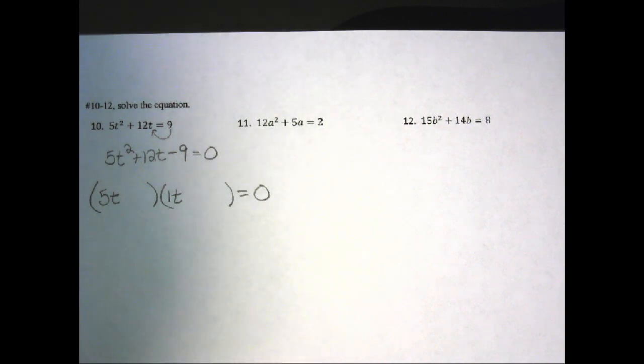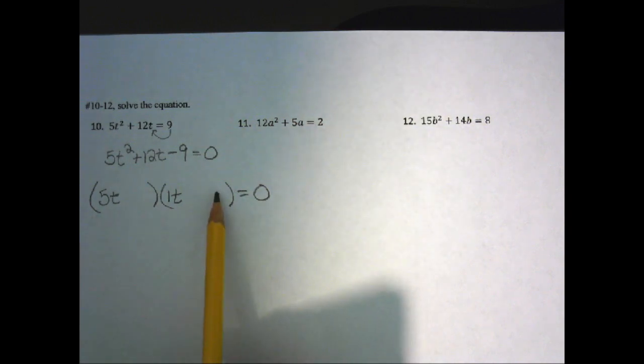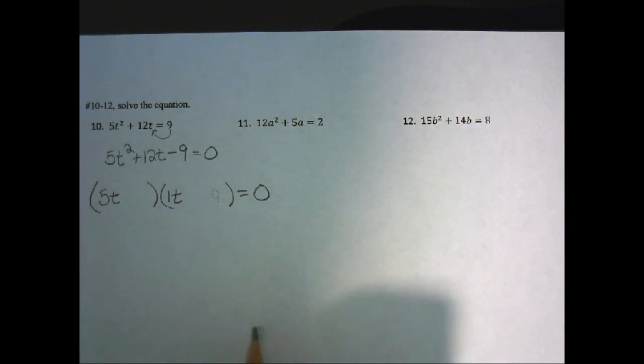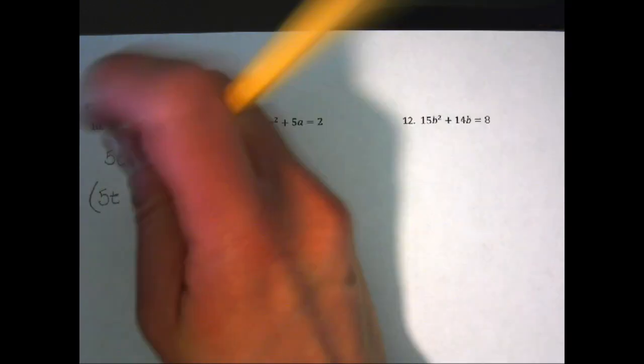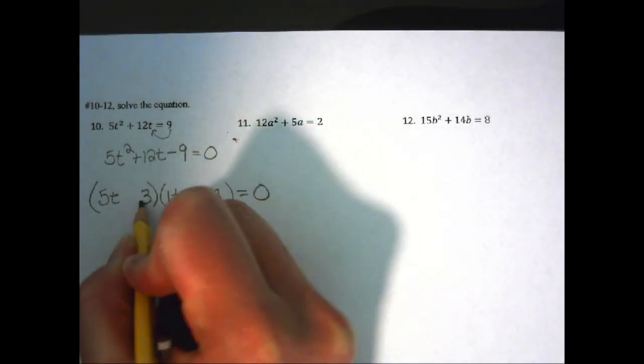It's kind of helpful, but you don't have to do it. And then the 9. I'm definitely thinking you're not going to put the 9 right here because 5 times 9 is 45. That's way too big. And if I put the 9 right here, when I add those together, I don't get 12. So I'm definitely thinking of going with 3 times 3.